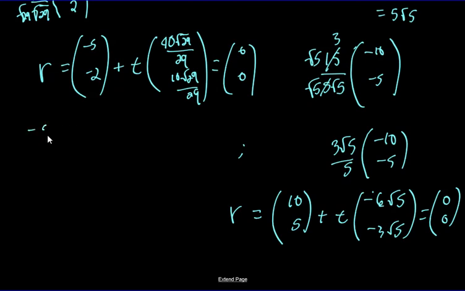I could say -5 plus 40 root 29 over 29 t equals 0, and I'll add 5 to both sides. t is going to be 5 times 29 over 40 root 29.